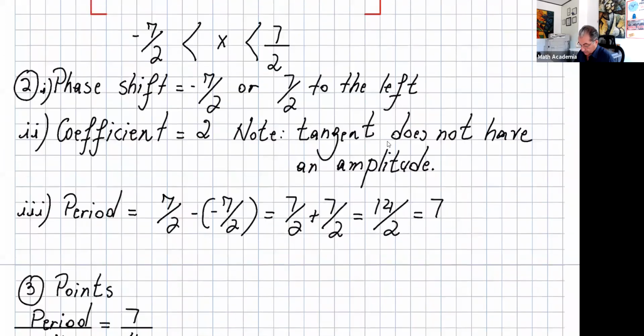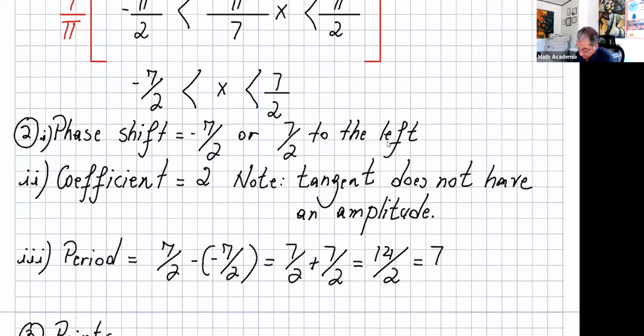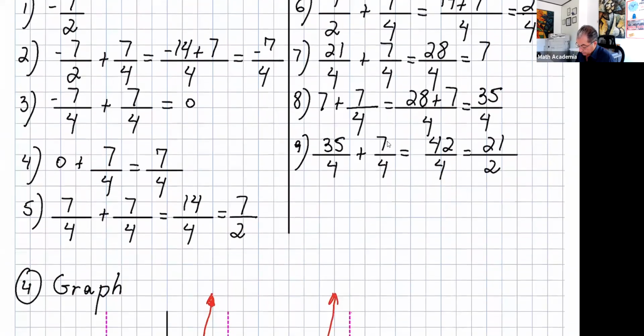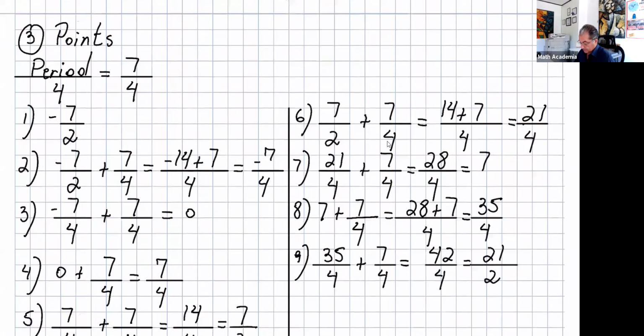But if you want to check that, you can just take this 7 over 2 and add the period, 7, and that's going to give you 21 over 2, which shows the last point.